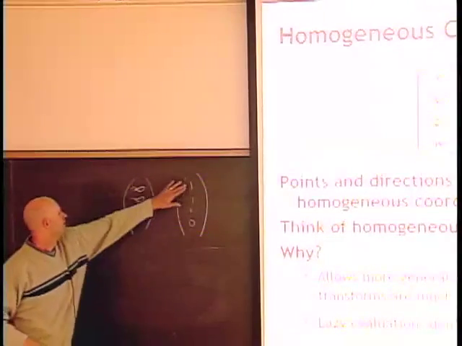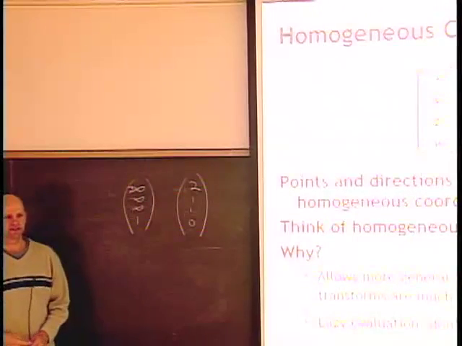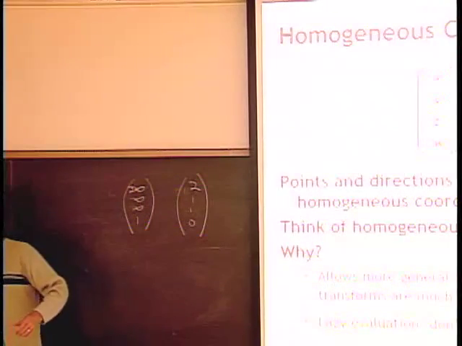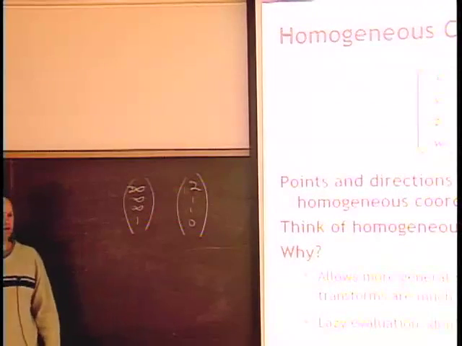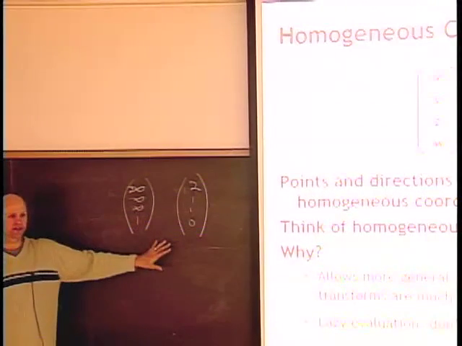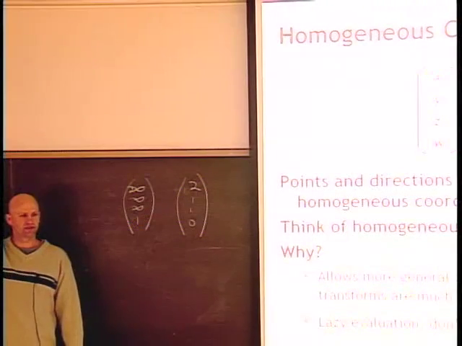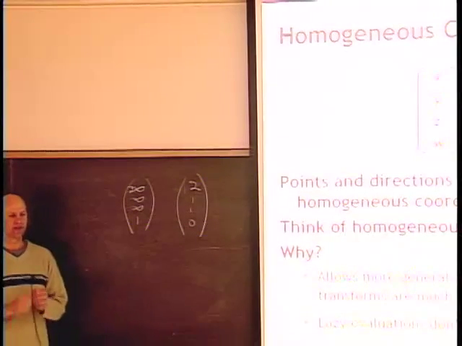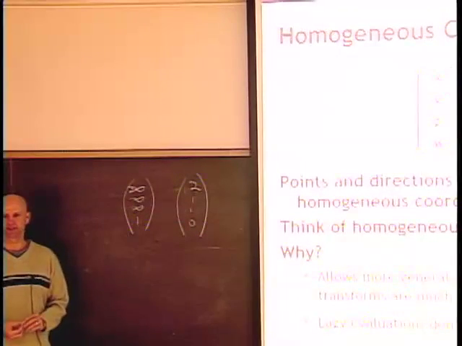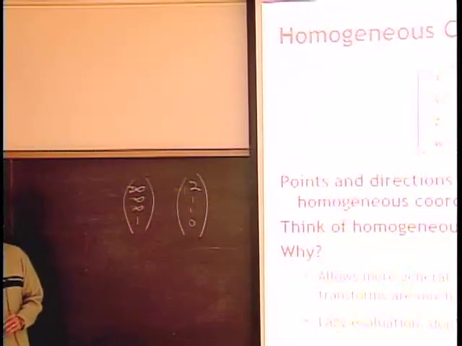If I change this to a 2, then we have sort of 2 times infinity, so that's 2 in this direction, 1, 1. It's going to be sort of out this way instead. This is a natural way to think about it. You want to think about it as a direction because it really is out at infinity and it's telling you a direction. It turns out all the math works out very nicely too. The math actually works out such that this is, in fact, a direction. So homogeneous math is really very cool.